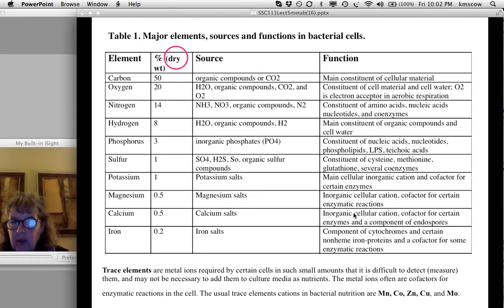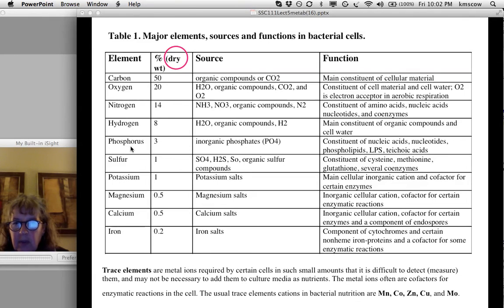And you can look here and read what these different elements are used for in the cell, and also what is the source? Where are these elements obtained from by different microorganisms? Like, what are these forms that are in the soil that they obtain them from? So nitrogen is next, then hydrogen, which is never limiting. It's always readily available.